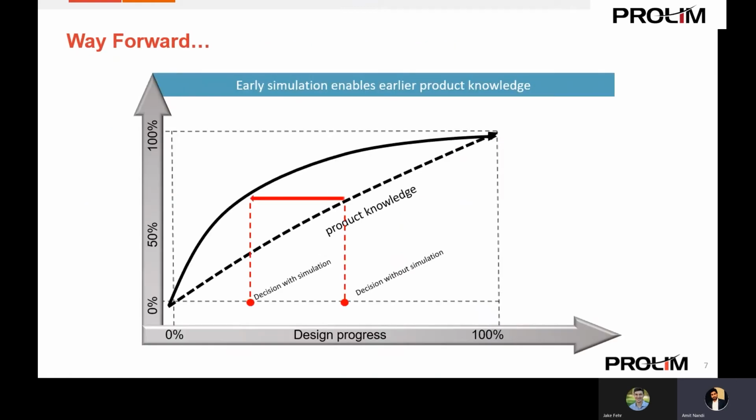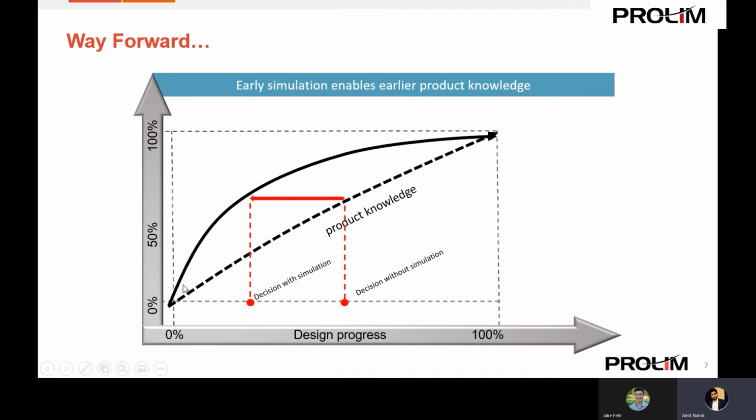So what is the way forward now? If you look at the same graph, in addition to the freedom and the cost going high, the product knowledge over the period of time during the design progress is also significantly different, right?